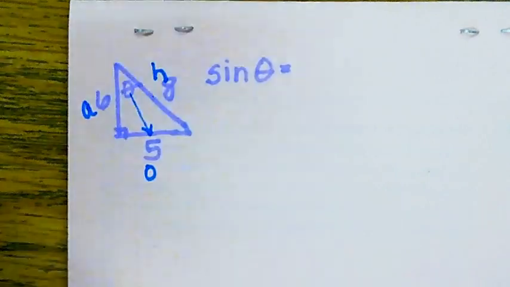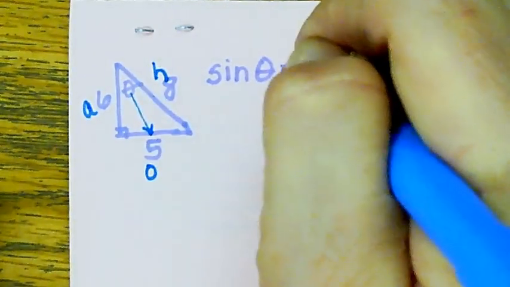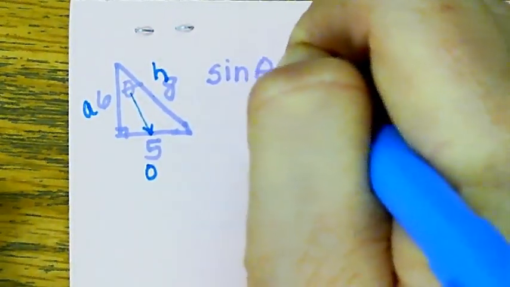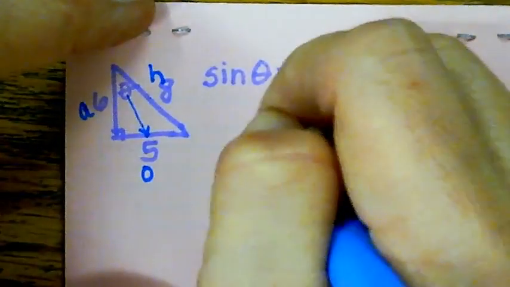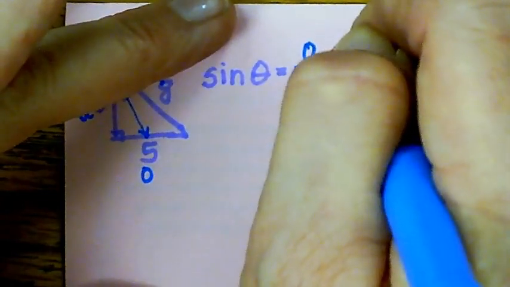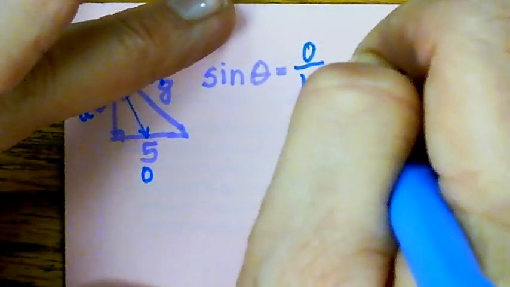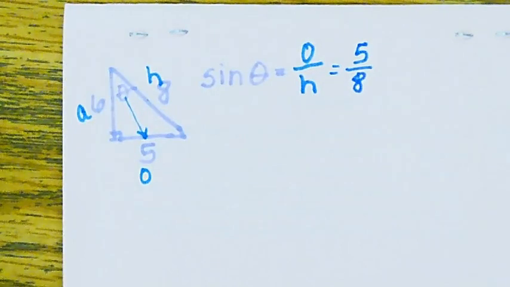If we flip back into the book, the definition of sine is opposite over hypotenuse. So here, what is the opposite over hypotenuse? 5 over 8. That is how you find the sine of theta.